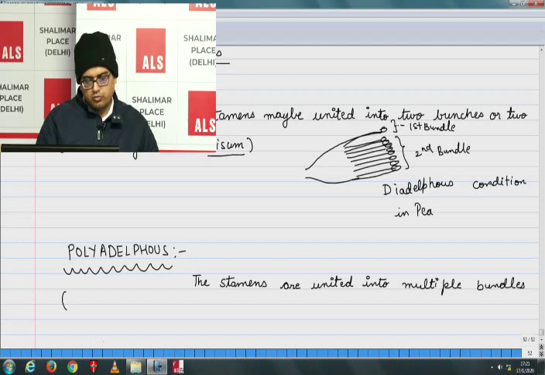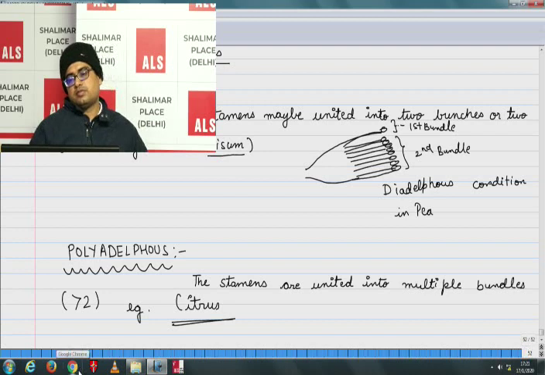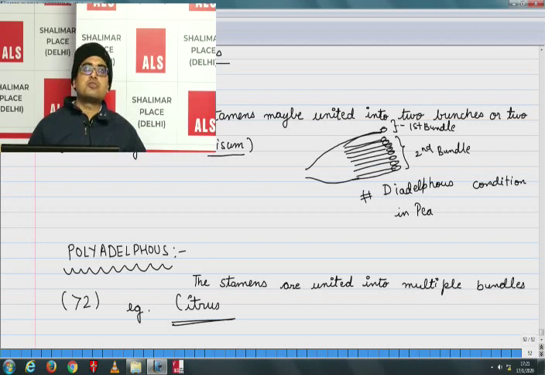Okay, more than 2. Example, citrus. So you have to learn this. Look, diadelphous condition in pea is important.